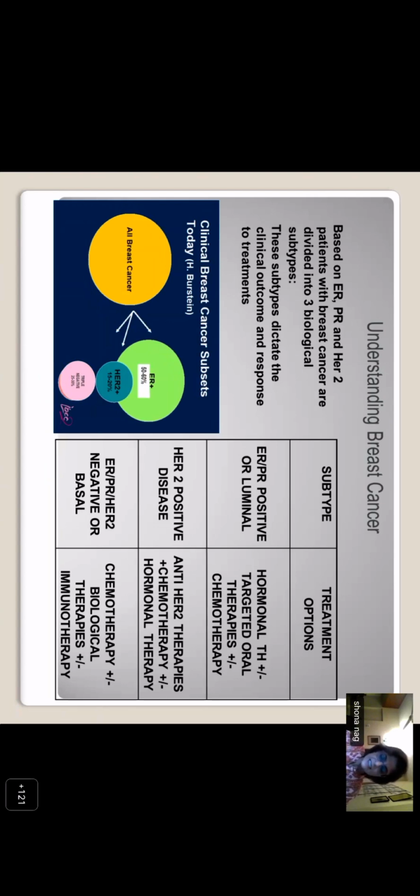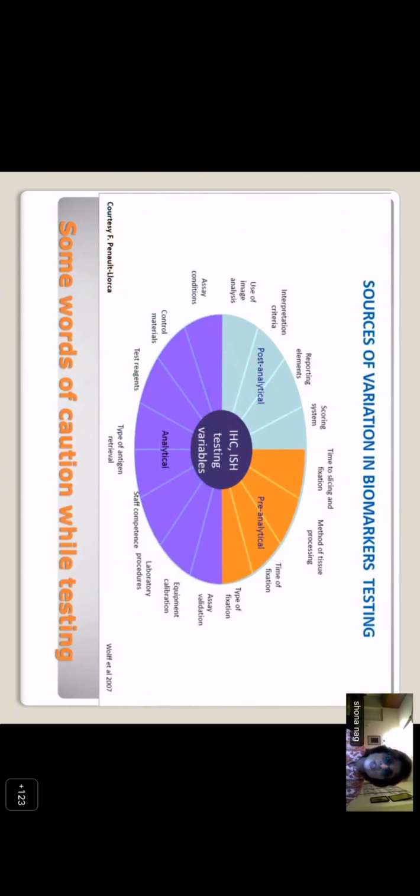And in our data, of almost 1,000 patients, we had triple negatives making up 26.7%. So there are some words of caution while testing, and there are lots of sources of variability. Pre-analytical, analytical, and post-analytical factors are very important.